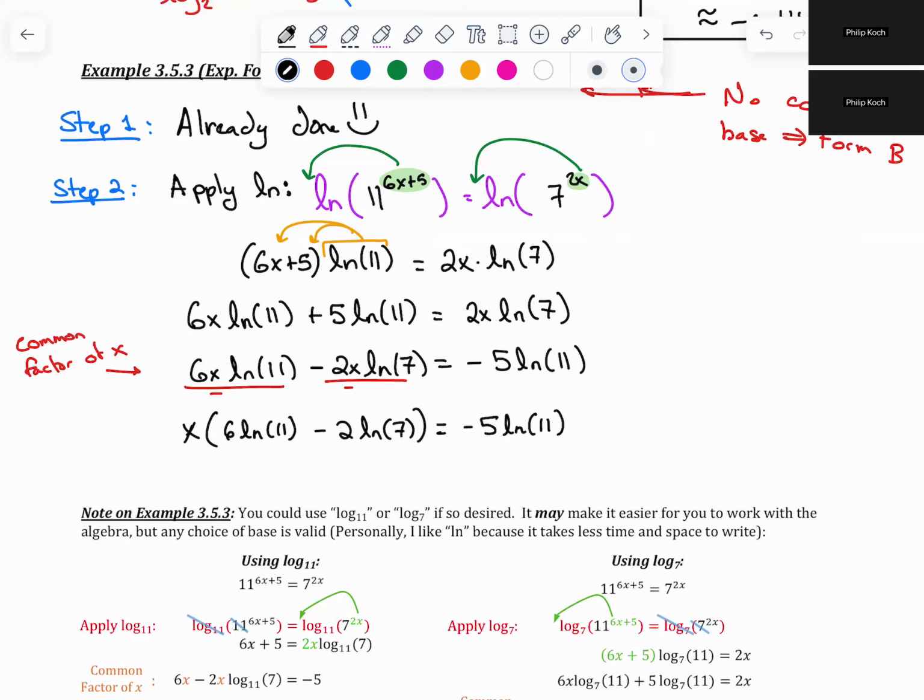At which point we'll divide both sides to get our final answer, which is x equals negative 5 natural log of 11 divided by 6 natural log of 11 minus 2 natural log of 7, which is approximately negative 1.1423.